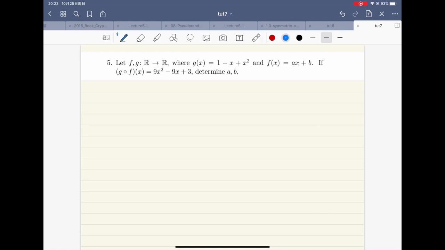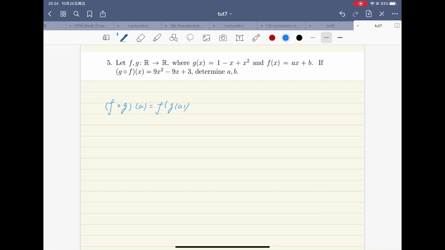So what is a composition function? Let g be a function from A to B, and let f be a function from B to C. The composition function of f and g, written f composite g, is a function from A to C, defined by (f composite g)(a) equals f(g(a)).